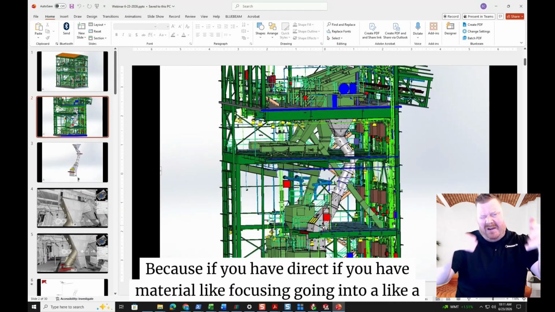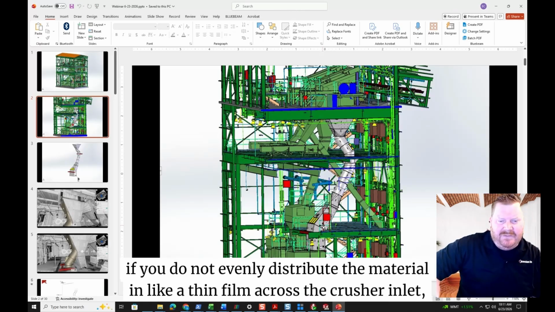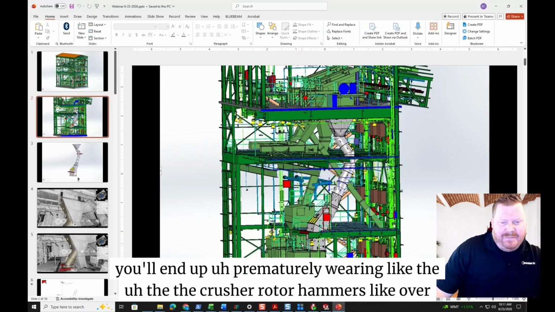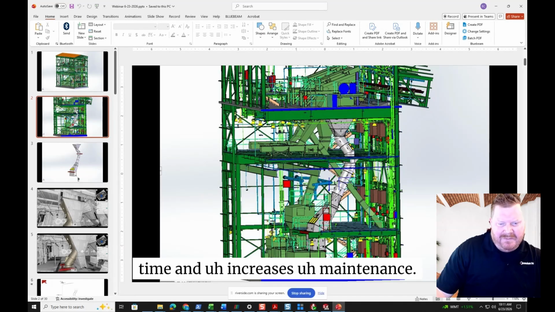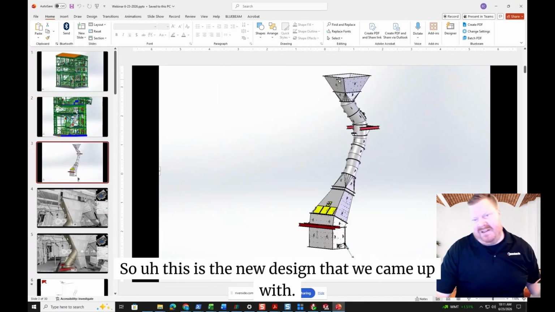Because if you have material focused going into a crusher, no matter what type it is, and you do not evenly distribute the material in a thin film across the crusher inlet, it'll end up prematurely wearing the crusher rotor hammers over time and increases maintenance. So this is the new design that we came up with.